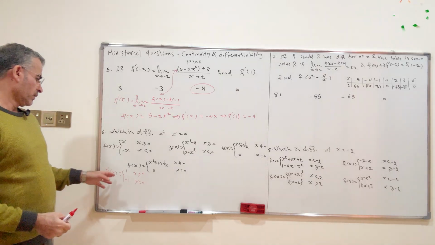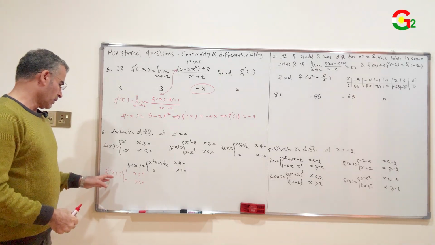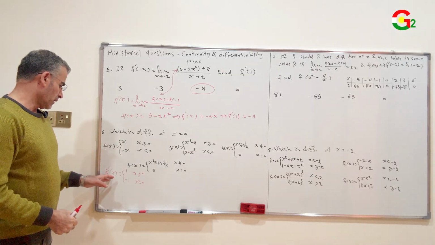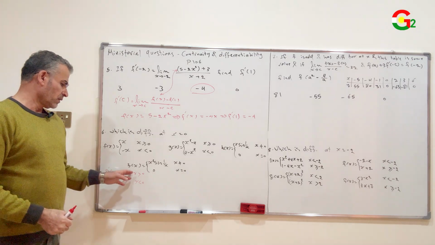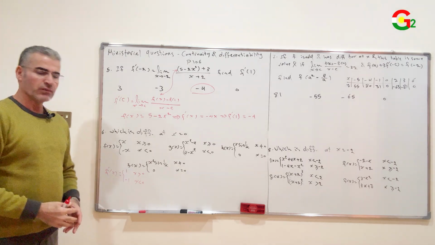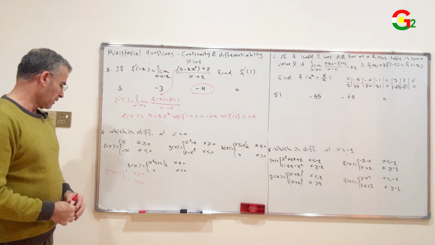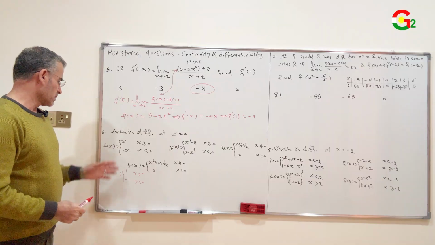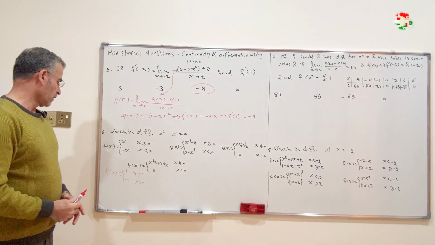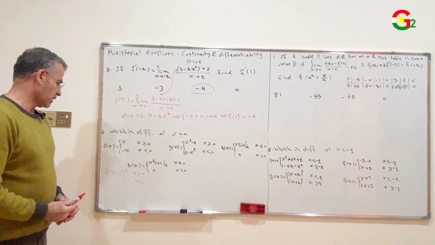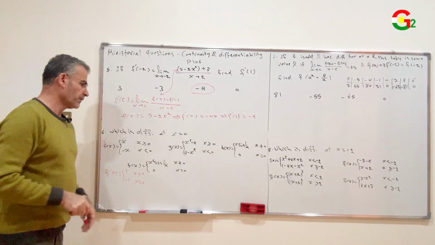Therefore, the limit of the derivative from the right is 1 and from the left is negative 1. The limit does not exist, therefore this function is not differentiable at x equals 0.